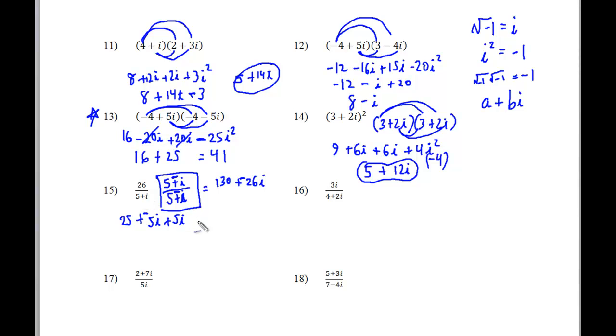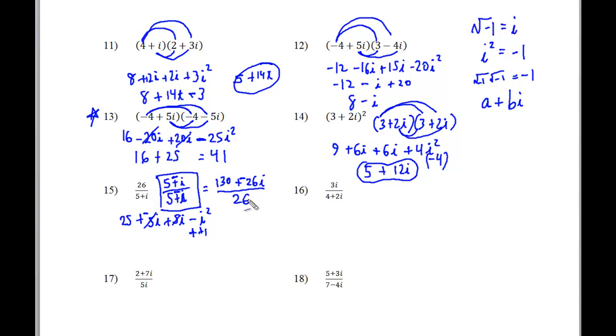Now negative and positive make negative i squared. Negative i squared is a negative 1, since our i squared is negative 1, this makes a positive. So 25 plus 1 is going to be a total of 26.